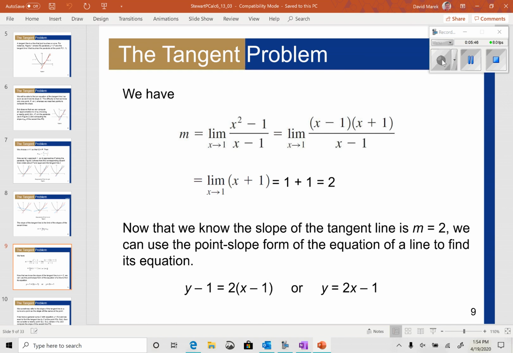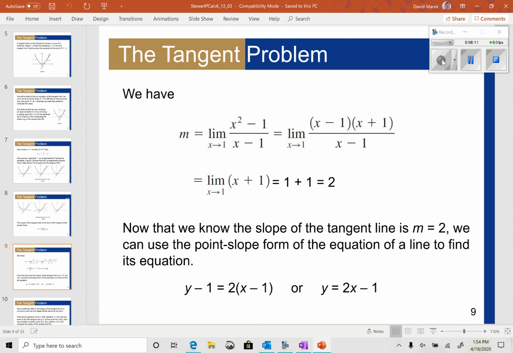Reduce those down. We don't have a denominator that could potentially be 0 anymore, so we can do straight substitution. 1 plus 1 is 2. The limit of this function as x approaches 1 is 2. So that tells us the slope of the tangent line is 2.